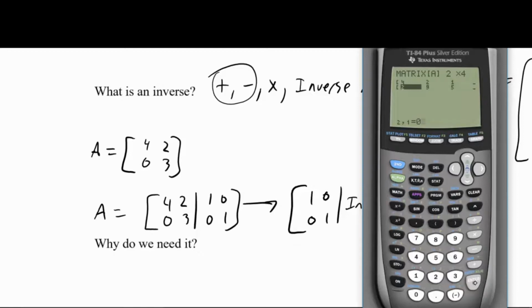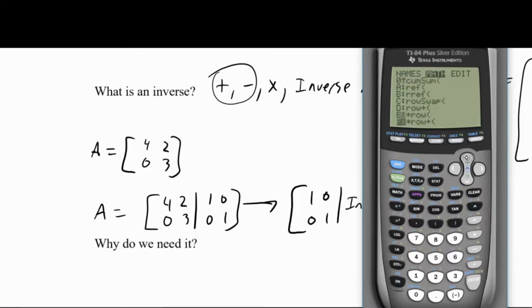Okay, then for the next one, we're going to do a 0, 3. And before I move on, I always like to check and make sure these 2 columns are okay, because it's going to start moving them off to the side. So 4, 2, 0, 3. Perfect. Okay. So down here, we're going to do a 0 and a 1. Okay. So now, in my matrix A, I've got it all set up how I like it for this process.